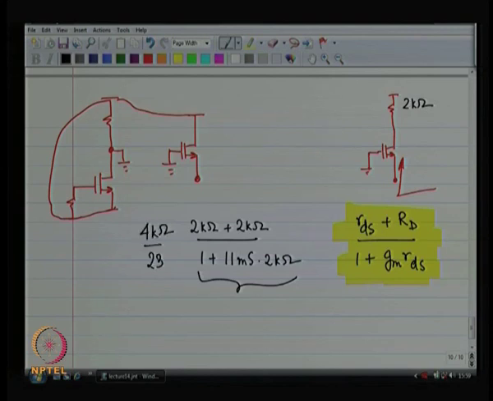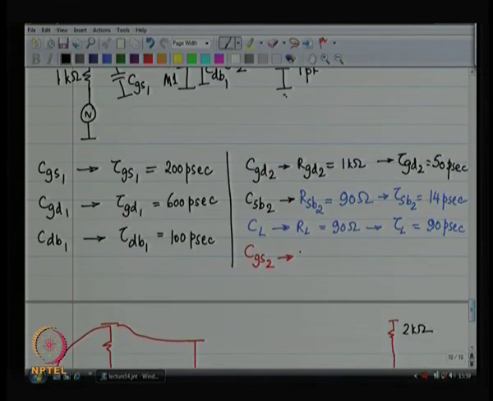So, basically the resistance that I see is 4 kilo ohms divided by 23, which is 173 ohms. So, 174, I am sorry.